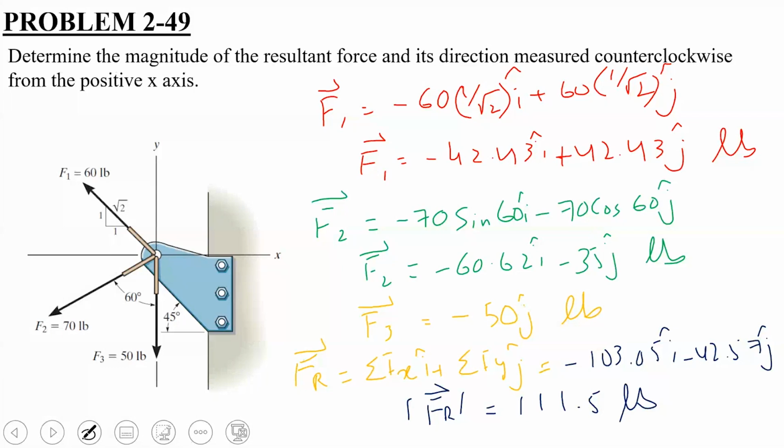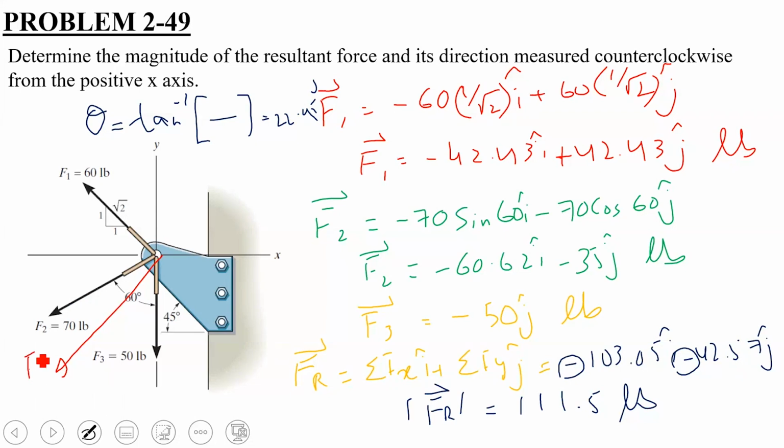As far as the direction of this resultant force is concerned, you are going to find that direction, say theta, to be equal to tan inverse of Fry over Frx. You have both these values: 42.57 divided by 103.05. This will give you theta equal to 22.45 degrees. Now since this Fr has a negative x component and a negative y component, which quadrant would Fr lie in? The third quadrant.